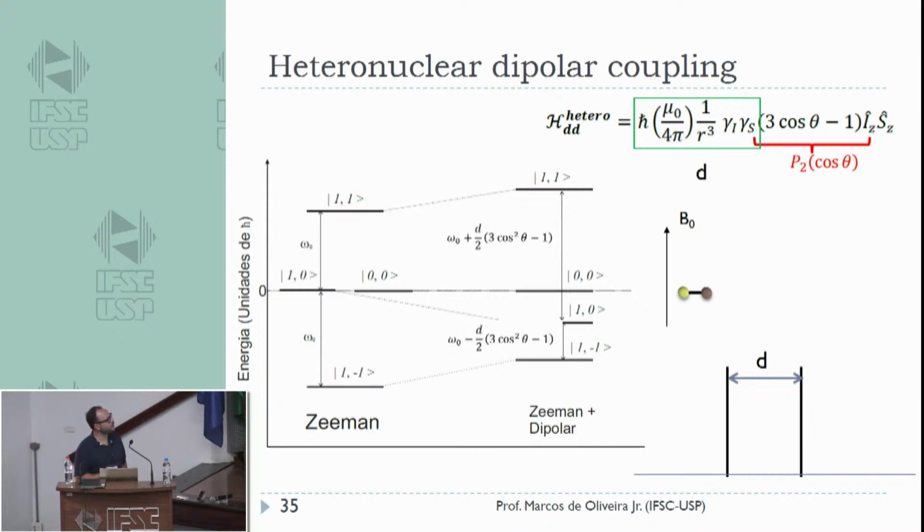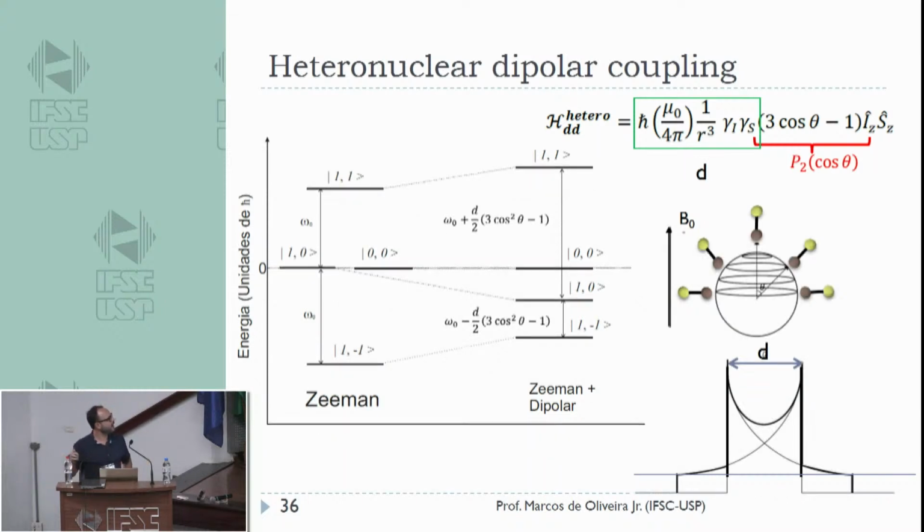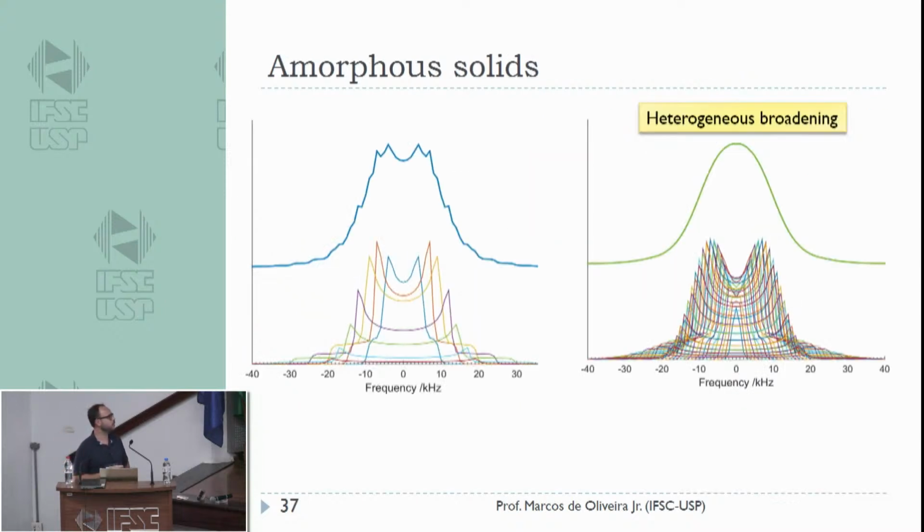And because of this term here that tells how this internuclear vector is oriented relative to the magnetic field, we will have also anisotropy. So when we change the orientation of this internuclear vector, we change the frequency. For heteronuclear coupled systems, we have this powder pattern, as we call.